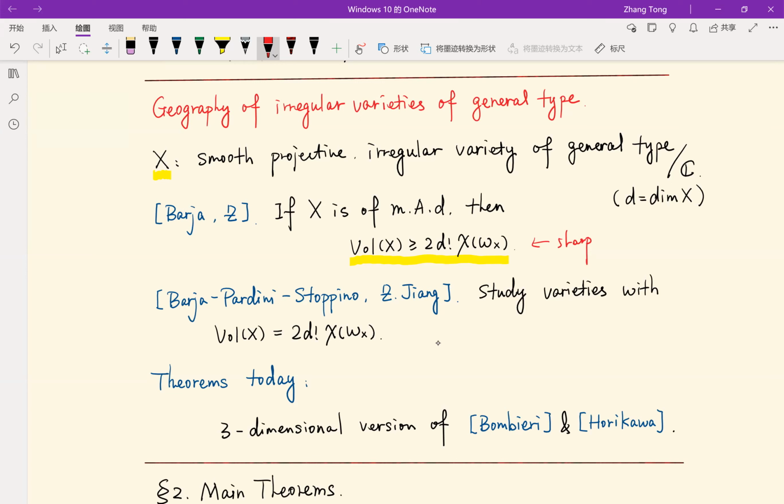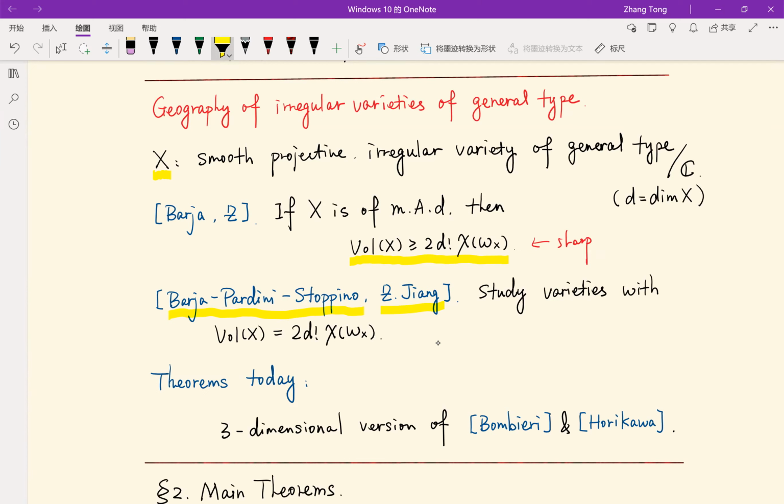So far, I think there's no complete answer to this question, but there are some partial results. For example, Barja, Pardini, Stoppino, and recently Zhang consider the problem of how to classify this extremal case.